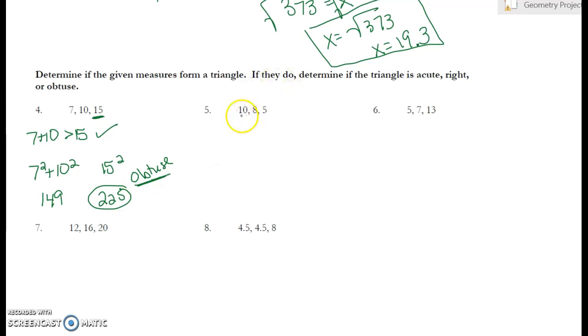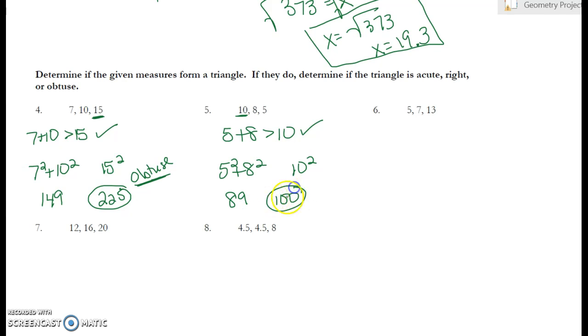Okay, so my biggest side would be 10. So I have to check again, is 5 plus 8 bigger than 10? Yeah, it is. So now I'm going to do 5 squared plus 8 squared and 10 squared. So 5 squared is 25, plus 8 squared is 89. Those two together make 89.